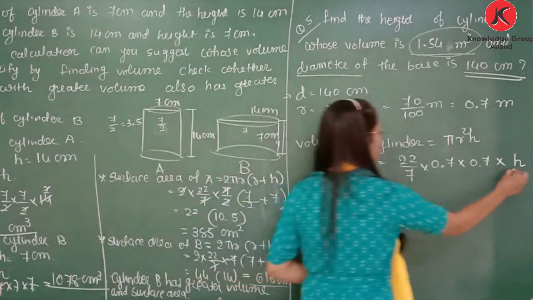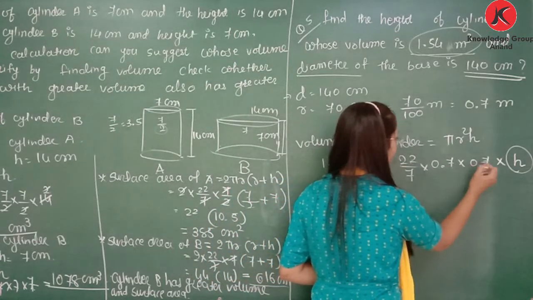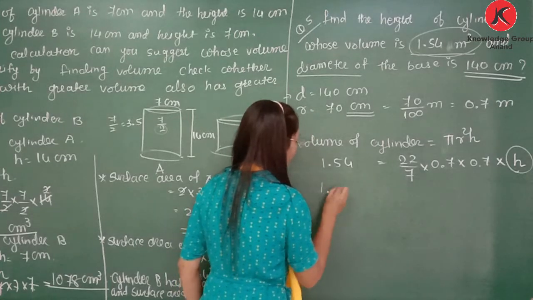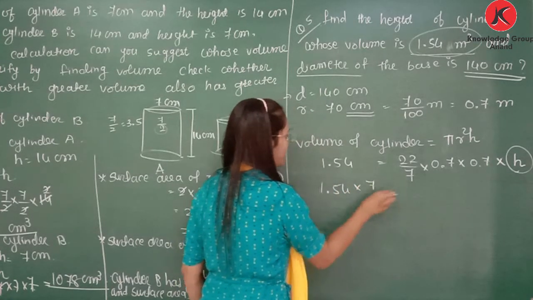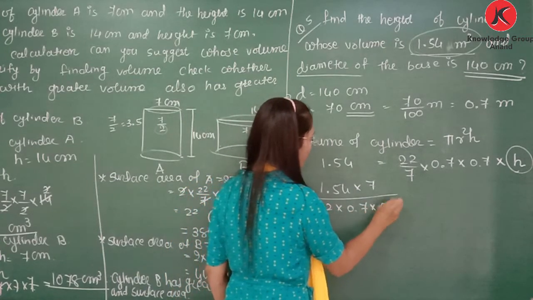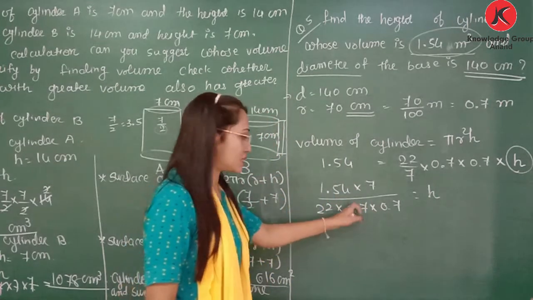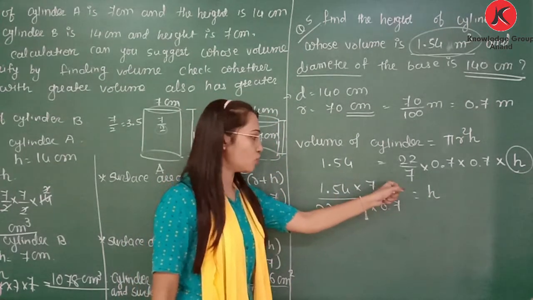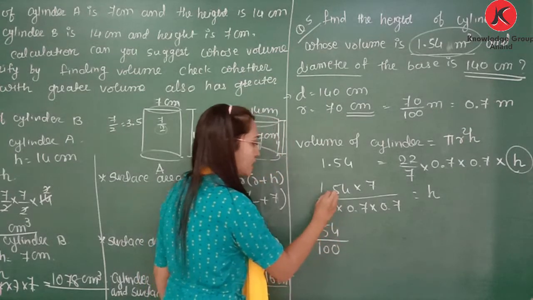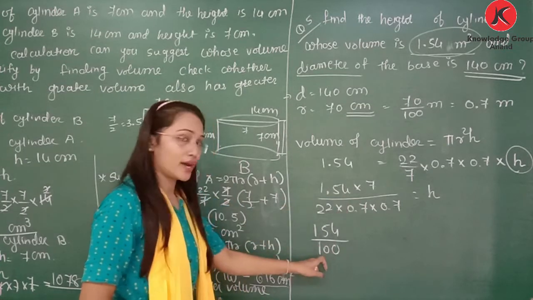Now to find h, take 7 in the multiplication and 22, 0.7 and 0.7 which are in the numerator become the denominator. So 1.54 multiplied by 7 divided by 22, 0.7, 0.7. Now 0.7 means it is 7 by 10. So 10 becomes numerator. So we can write 154 divided by 100. After the point there are 2 digits, 2 decimal places, so we need to write 100.